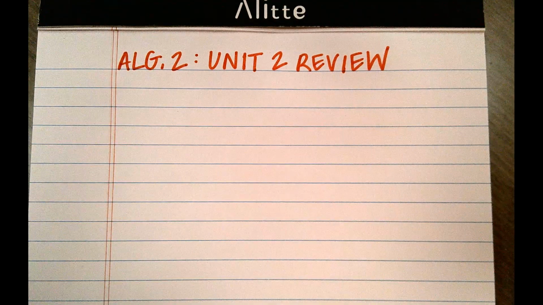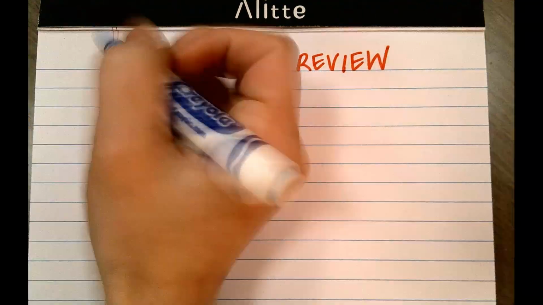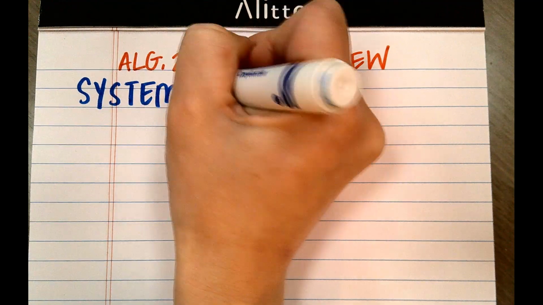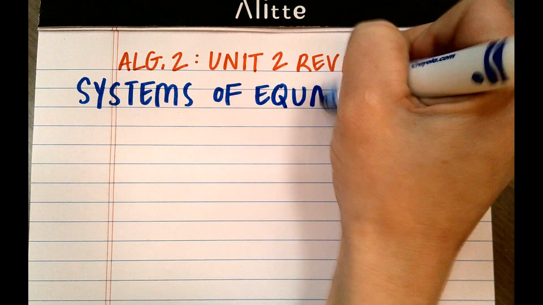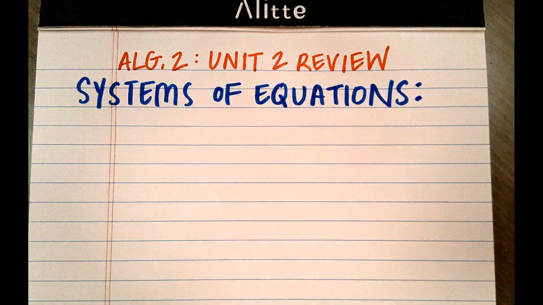And then underneath this, I'm going to title Systems of Equations. Okay. And there are 2 methods that we use. Really, there's 3 if we include graphing, but there's 2 written out methods for solving systems of equations.